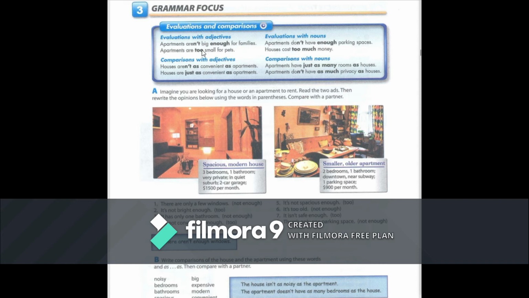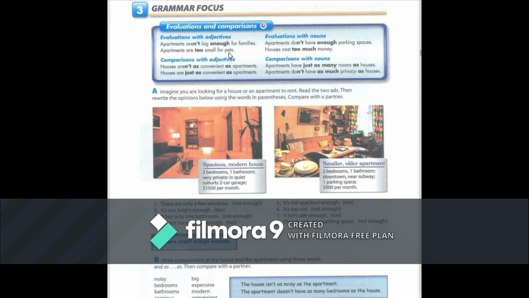Big is the adjective, and this is the word enough. So after the adjective there is enough in the evaluation. Like here the sentence says apartments aren't big enough for families. Or for example, the apartment isn't big enough, if I'm saying it for singular.